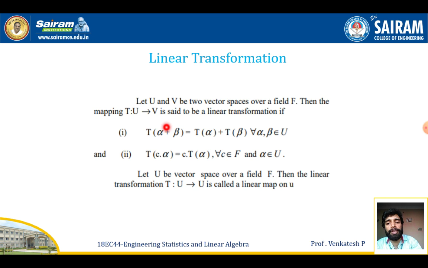Since alpha, beta belong to U, the transformation happens from the vector space U to the vector space V, giving T of alpha plus T of beta in the vector space V.